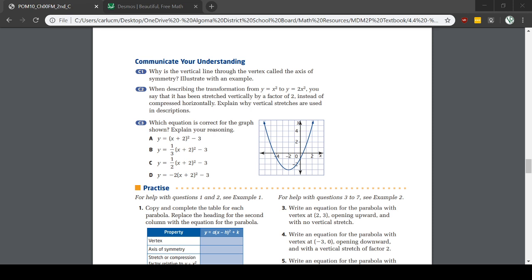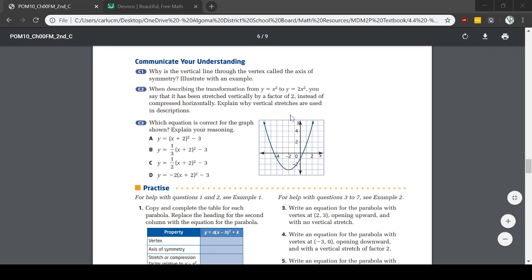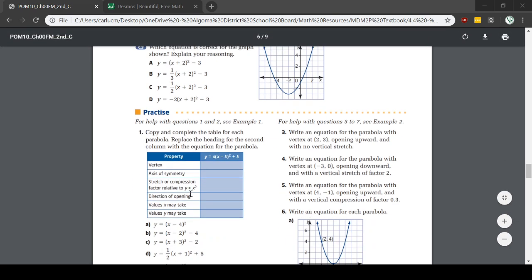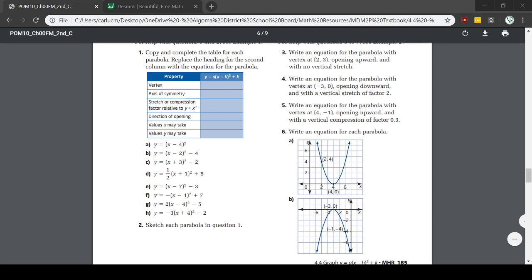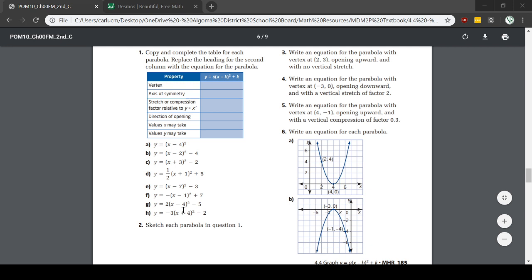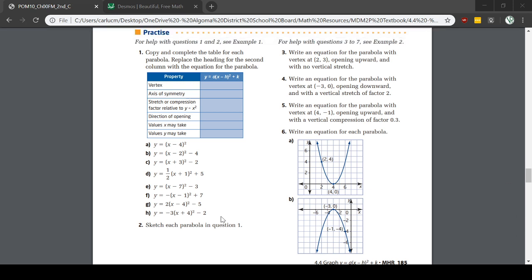So for myself, I was thinking of doing number 1. Question number 1 here, just taking a quick look at one of those. I believe I had D and H. So if we take a look at, say, H for number 1, we have the equation in H, copy it down here: y equals negative 3(x plus 4) squared minus 2.